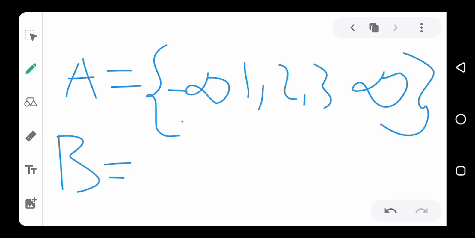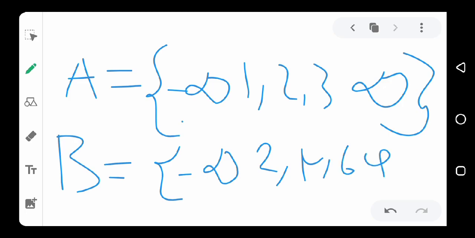Therefore, we cannot count all the even numbers. So we start from negative infinity to the ones we can count. We have 2, we have 4, we have 6, and then we continue to infinity.